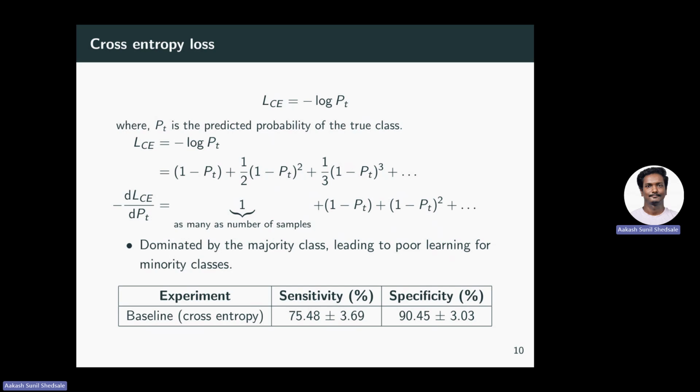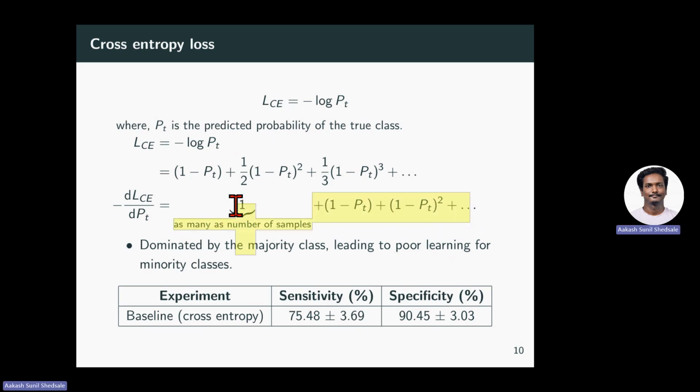Before discussing other modified loss functions for class imbalance, let's see what the problem is in cross entropy loss. If we take the Taylor series expansion of cross entropy loss and take its negative gradient, as required in gradient descent, we get this.